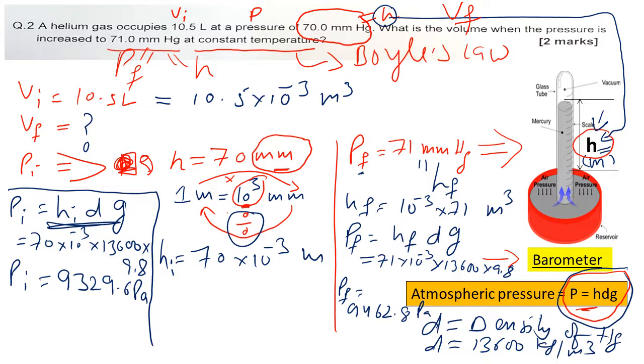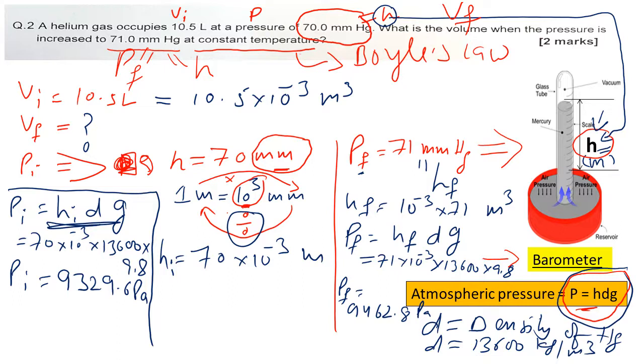You have to use the same formula we are using here for the F. So this is Pf equal to HF times D times G. When you put the value of this H, this is 71 into 10 to the power minus 3, and this is the density of the mercury, 13,600, and multiply by 9.8.